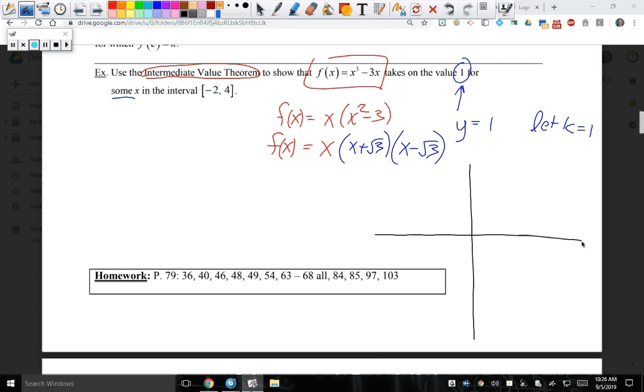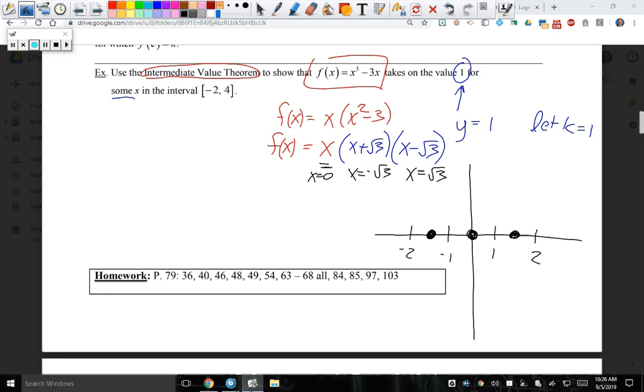Are you with me? Okay, so this one is like x is equal to negative root 3. So between -1 and -2, it's somewhere here. This one is x is equal to a positive root 3, which is between 1 and 2, somewhere here. And I still have this one right here that's x is equal to 0.